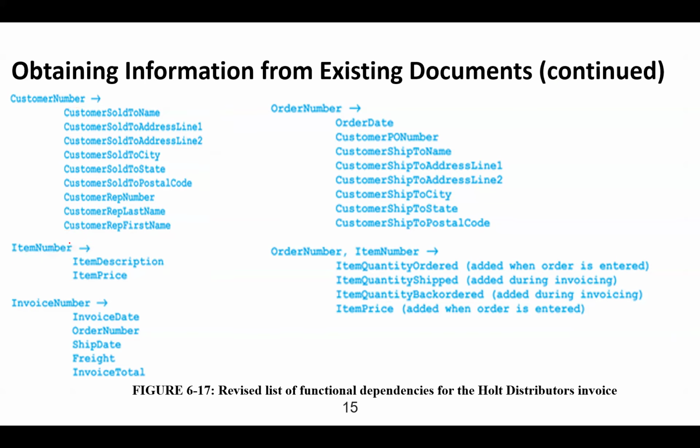You see that? What is this, invoice number? What are these columns? Functionally dependent on this key. Order number, what is that? And this one, columns dependent on the order number. These columns functionally depend on this primary key.